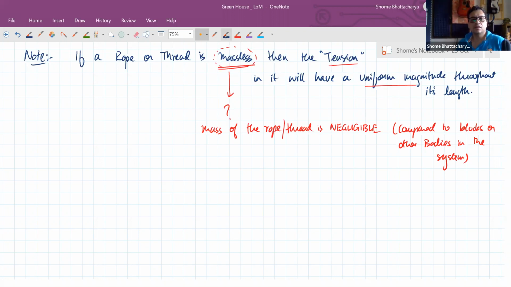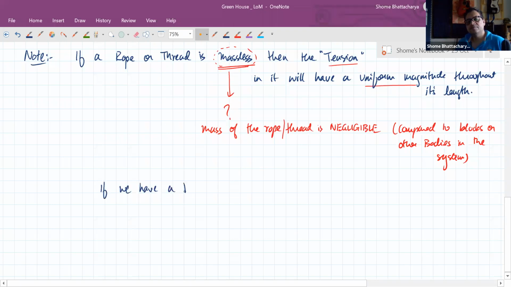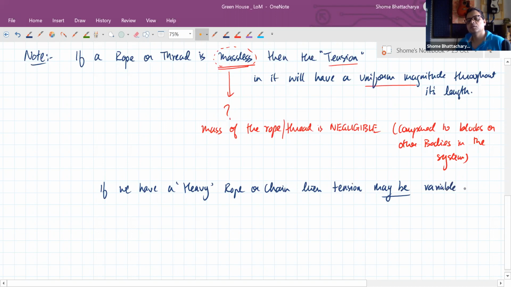So obviously the counter statement to this is there, that on the other hand, if we have a heavy rope or chain, something like that, then tension may be, not always, but may be variable at different points.